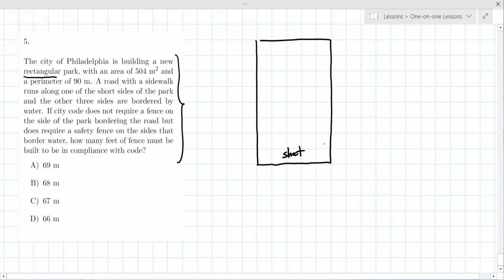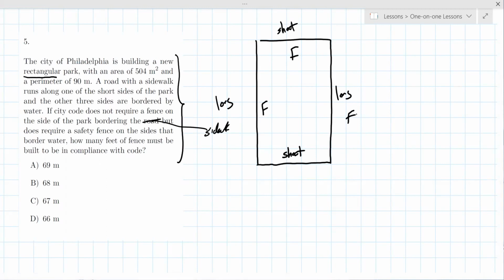Which sides have a fence? Only the short side, right? Or no? Yeah, this should say sidewalk. So there's fencing here, and here. How many feet of fence must be built in order to be compliant with the code?